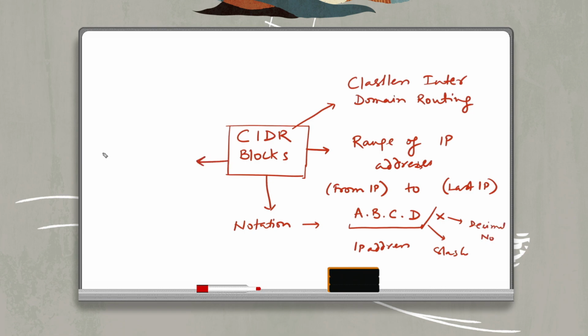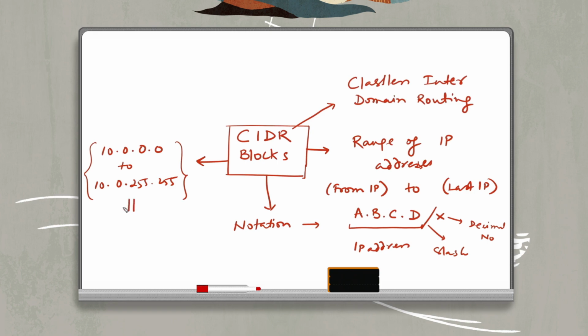Moving forward, let's say I write something like this. Basically, I am writing a range of IP addresses, 10.0.0.0 to 10.0.255.255. So what does it denote? It basically denotes a range of IP addresses.